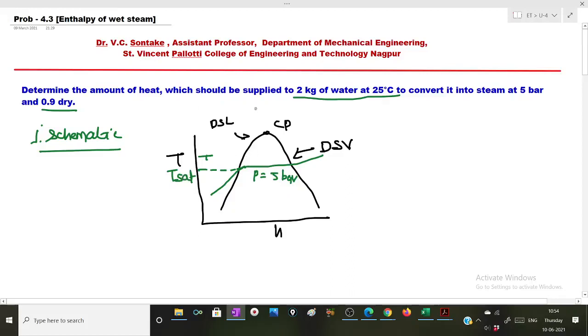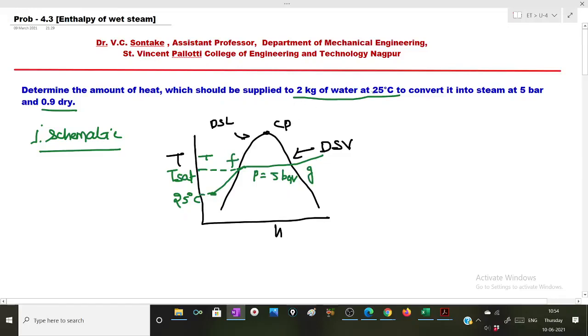Now what it is asking, the water is at 25 degrees Celsius. Somewhere here the water is there, isn't it? Because this is liquid zone, this is wet zone, this is dry saturated steam.